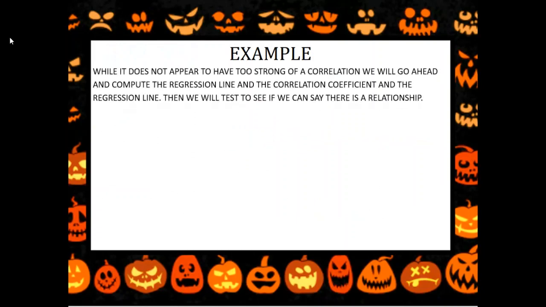So while it doesn't appear to have too strong a correlation, let's go ahead and compute the regression line and the correlation coefficient, and we'll go ahead and run the test on it. So the first thing, we'll just go ahead and go to the test because it's going to give us all the information we need. Let's go to stat, over to tests, and then go all the way down to F, I believe it was, LinRegTTest.